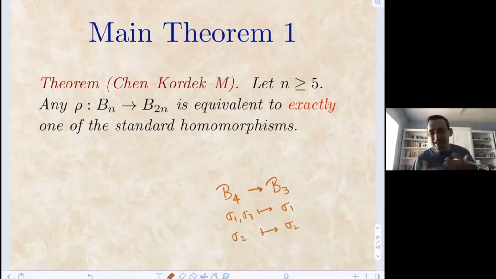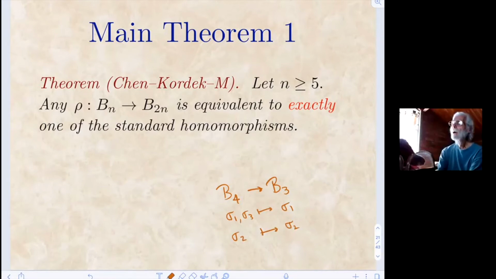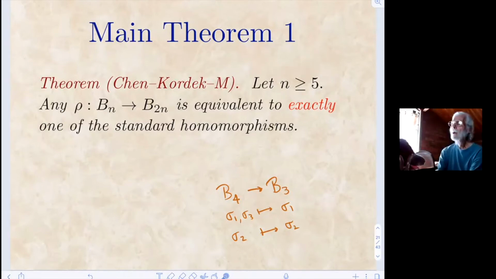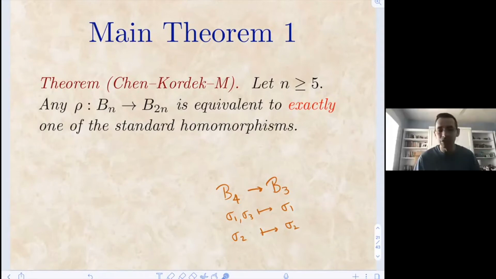The braid relation is satisfied; you just check. There are 2 braid relations to check. So that's a weird special thing. But for n at least 5, you don't have that, and every homomorphism is equivalent to exactly one on our list. Any questions on the statement or anything else?